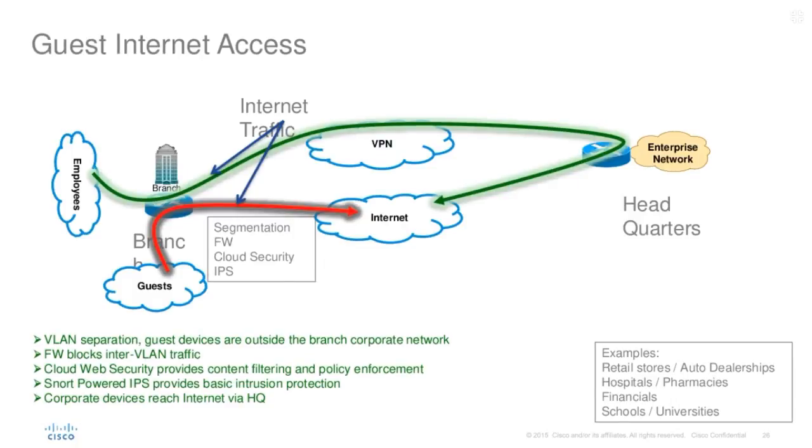And a lot of times there's some basic IPS out there, maybe just some Snort-based IPS to keep an eye on the segment, to have a little bit more eyes on that segment. We see this in a lot of retail stores, hospitals, pharmacies, financial branches, schools, universities, etc. This is a pretty common use case.